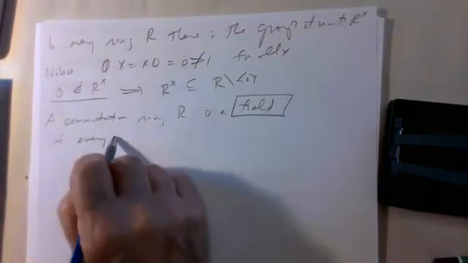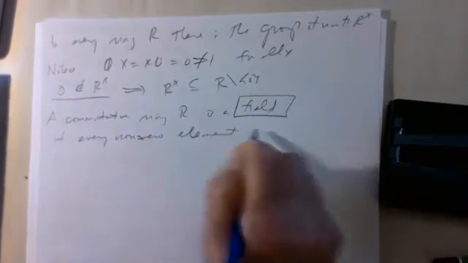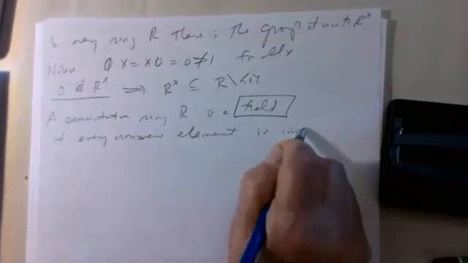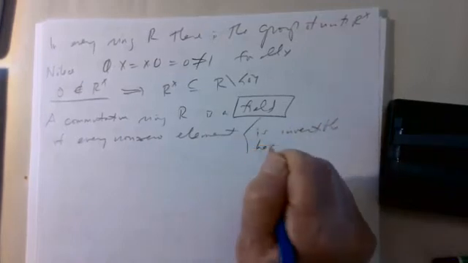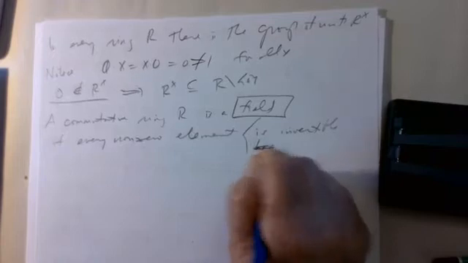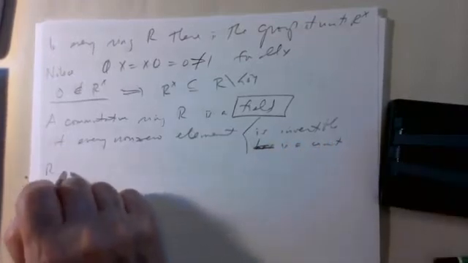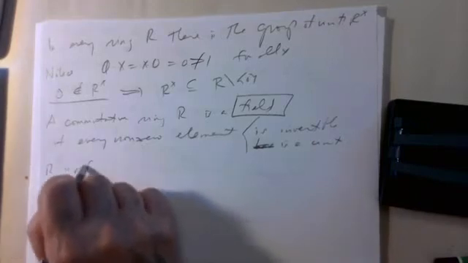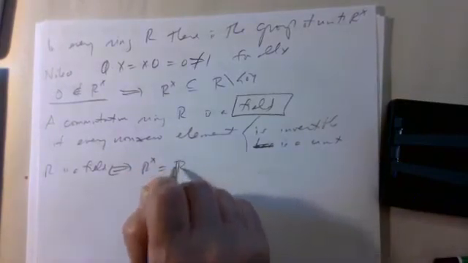If every non-zero element is invertible, which means is a unit. So R is a field if and only if the group of units is everything in R except 0.